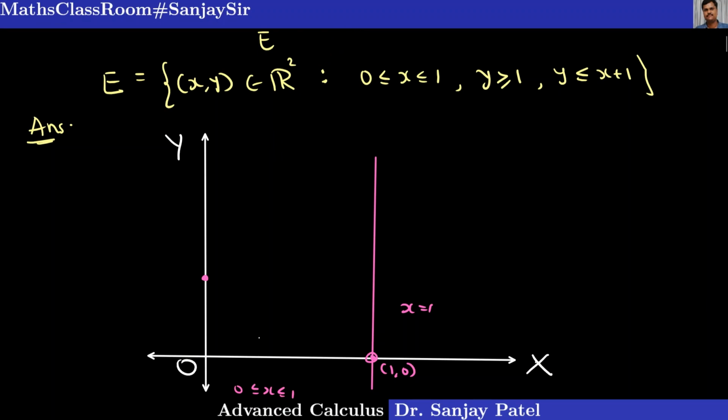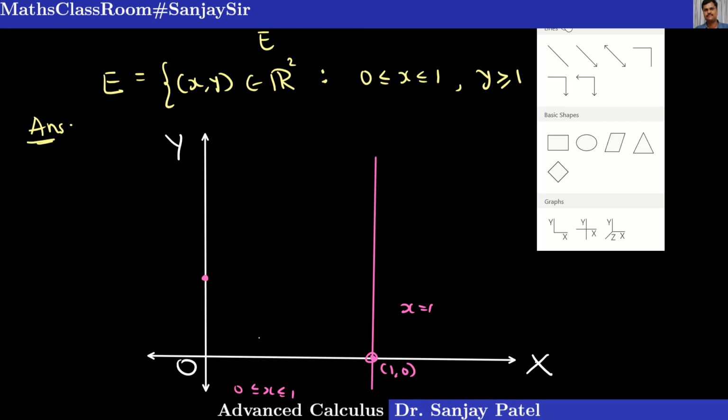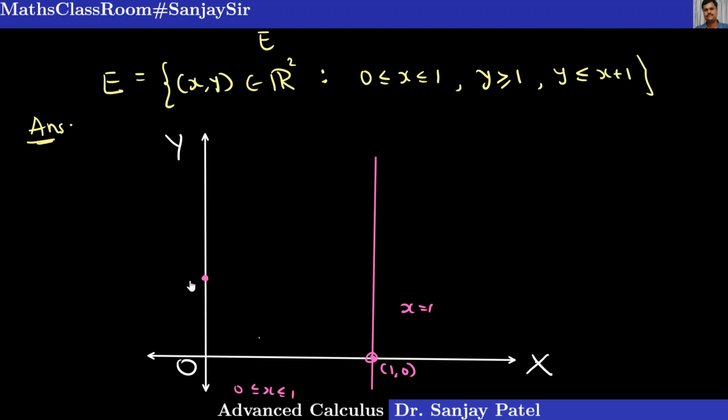So I can draw a line passing through the point 0 comma 1 like this. So this is the line y is equal to 1, and your y in this region of integration always remains greater than or equal to 1. So y is always on this side, the y value will not go below this horizontal line y is equal to 1.